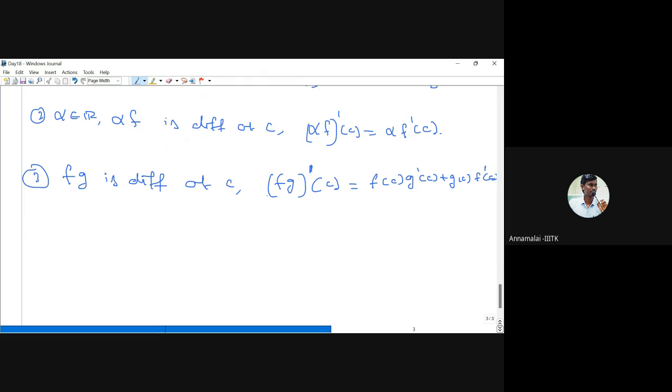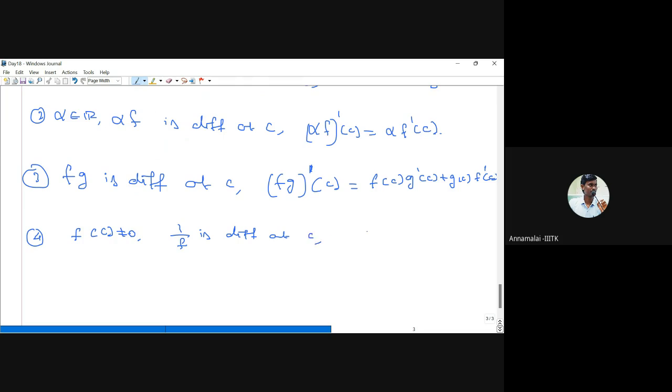Okay. And then the next one is quotient. Suppose we assume that f of c is non-zero and f is differentiable, then 1 by f is differentiable at c.